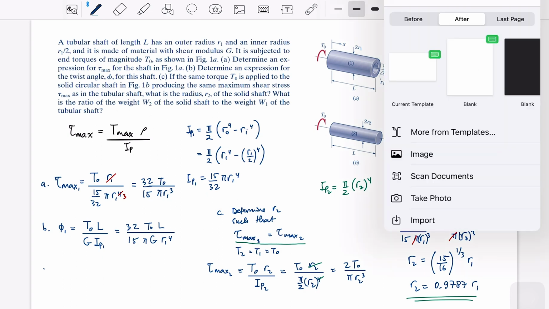Okay, let me go through some sort of, we call it the stress distribution.